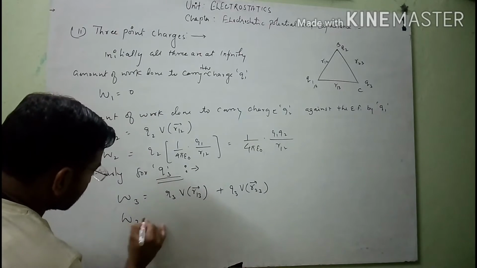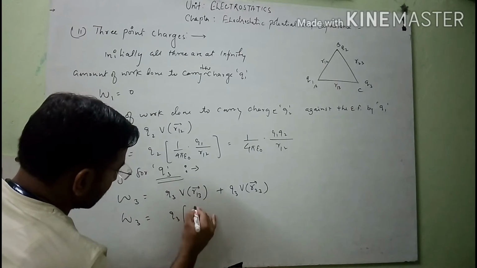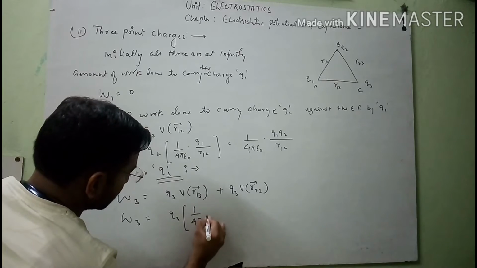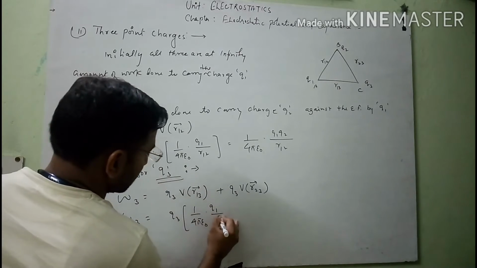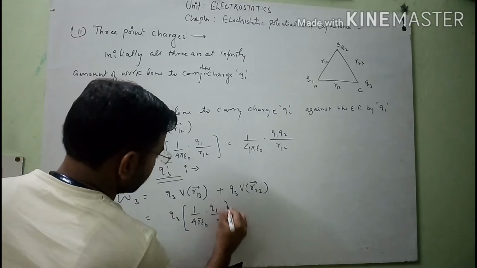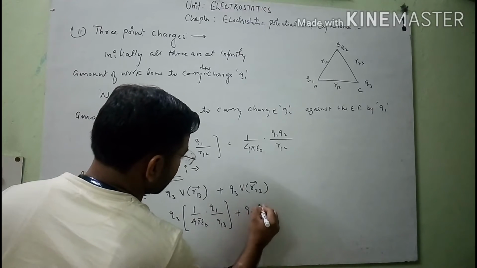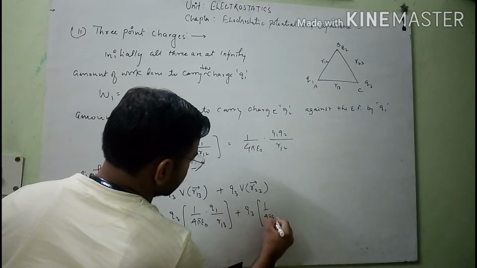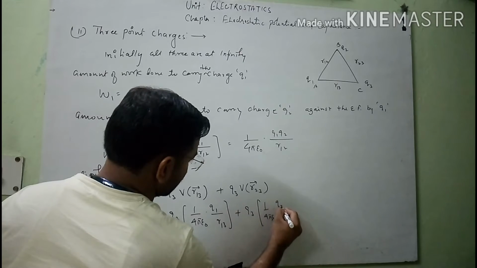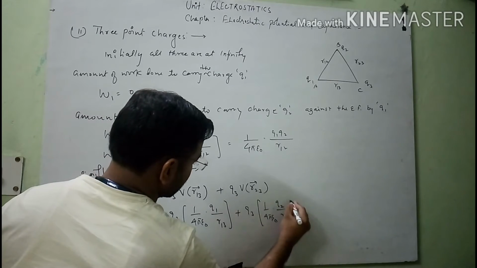So here W3 is equal to Q3 times 1 over 4 pi epsilon naught Q1 over R13 plus Q3 times 1 over 4 pi epsilon naught Q2 over R23.